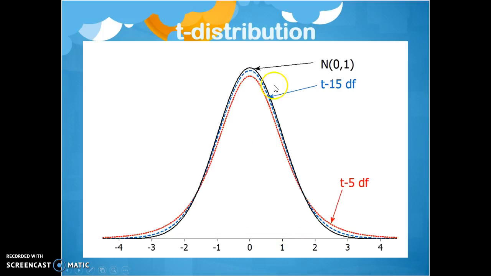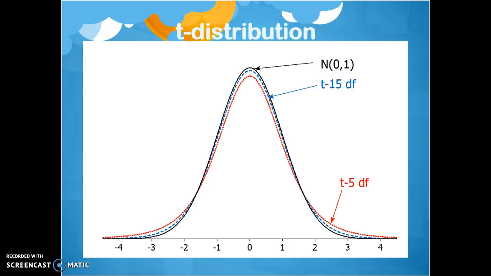So as a proof of concept, the normal distribution is the black line, the standard normal, with a mean of 0 and a standard deviation of 1. A t-distribution with degrees of freedom equal to 5 is in red, and we can see that it's a little bit lower in the middle, and it's got bigger tails. This accounts for the uncertainty coming from the fact that we're using a sample.